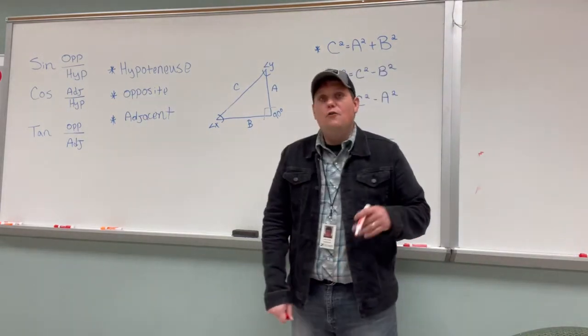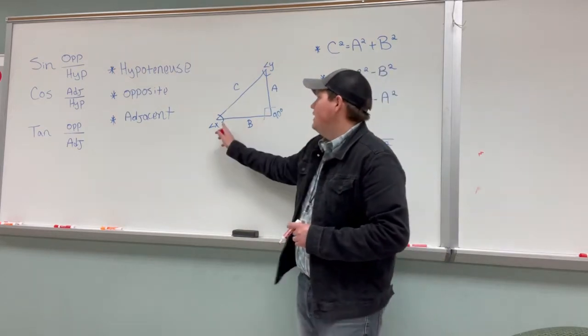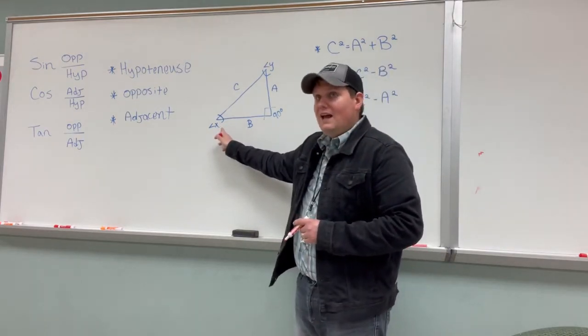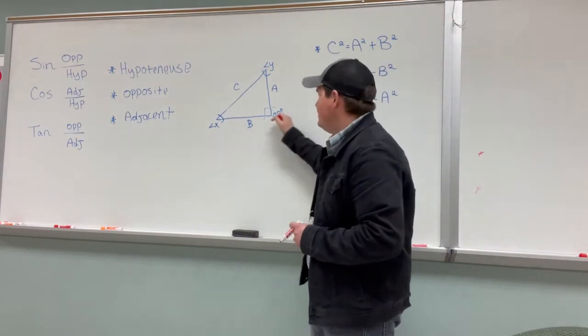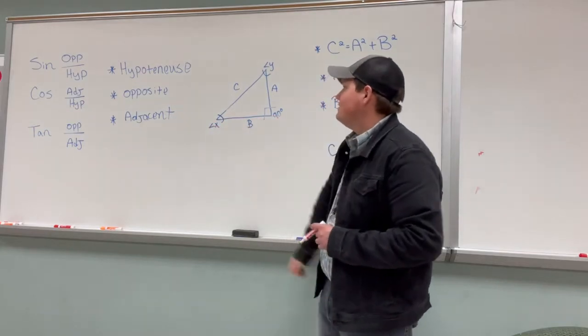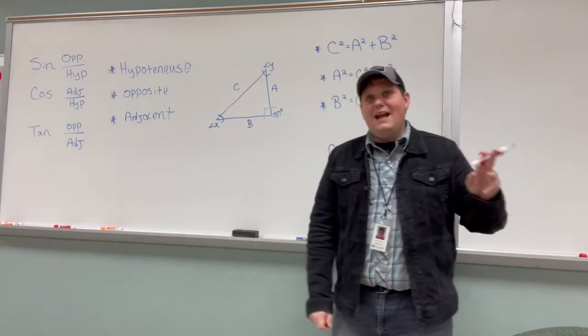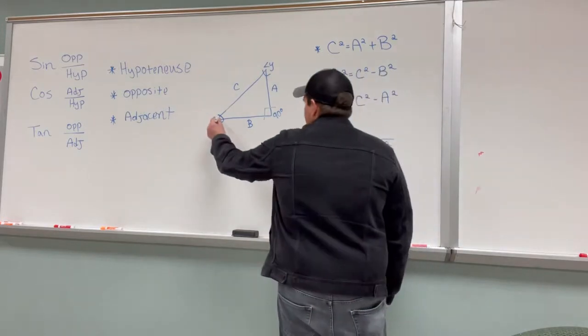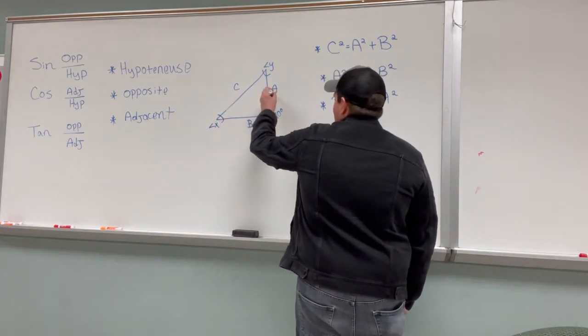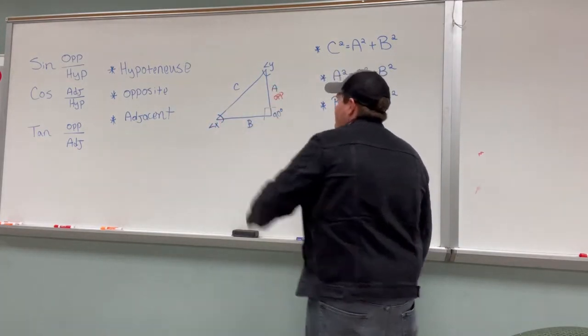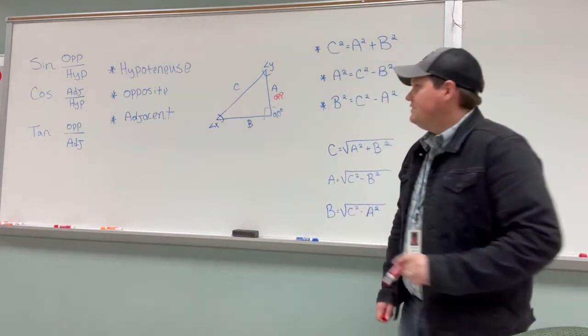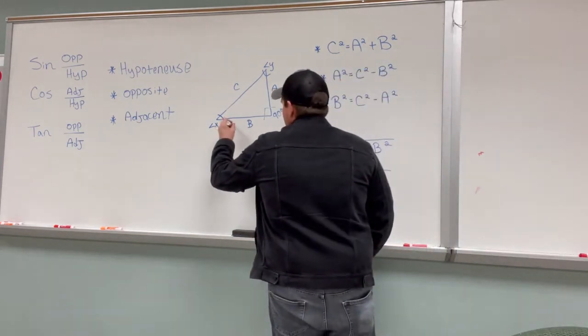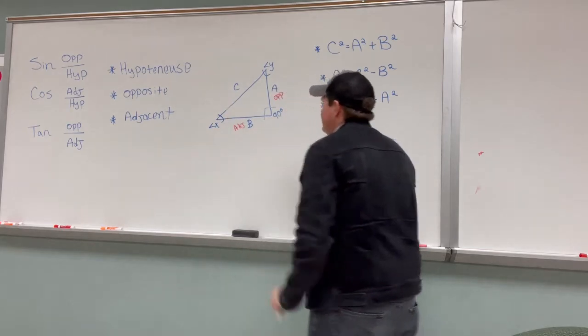So for example, if you are at angle X, so I call this angle X since it's on my X-axis, looking from angle X, side A would be the opposite side of that angle, and side B would be the adjacent.